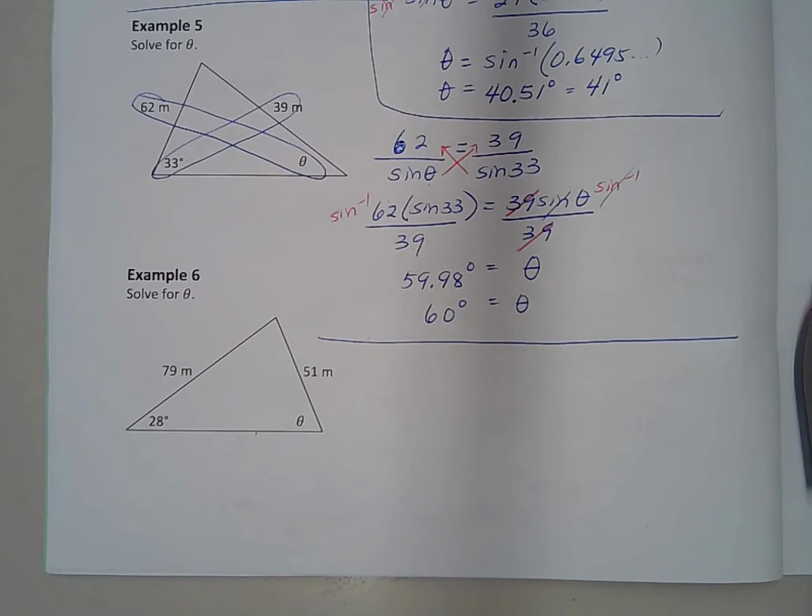Which one are we doing? This one? Okay, 62. Delete. 62. You see it again.